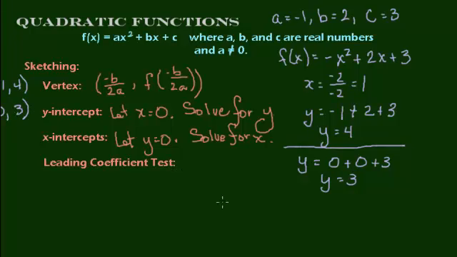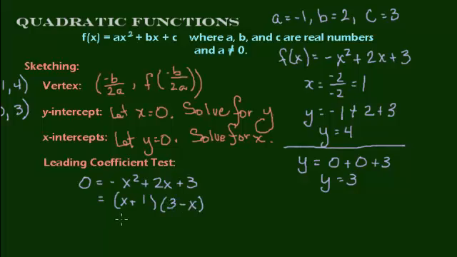For my x-intercepts, I let y be equal to 0, and then I'll try and factor this thing, hopefully. So I'll have negative x squared plus 2x plus 3. And if you factor this thing, you will end up with x plus 1 and negative x plus 3, or 3 minus x, whichever you choose.